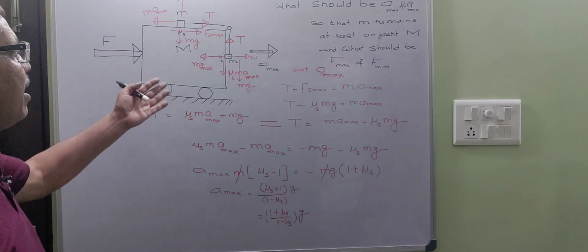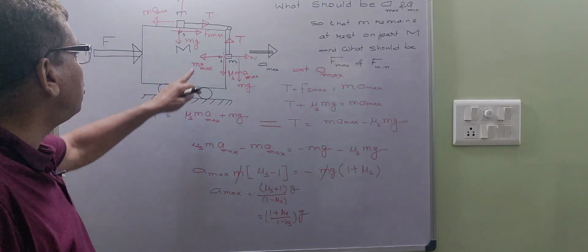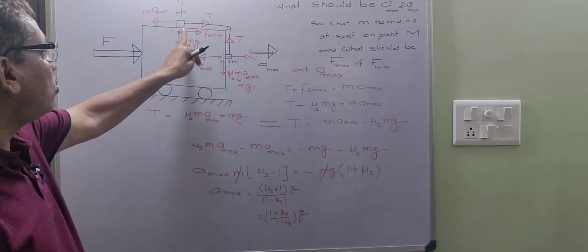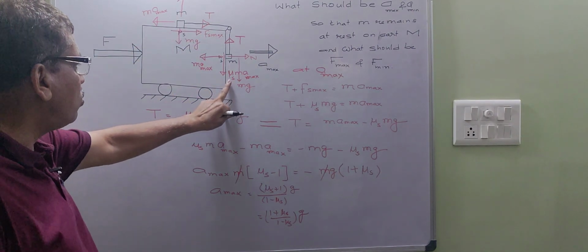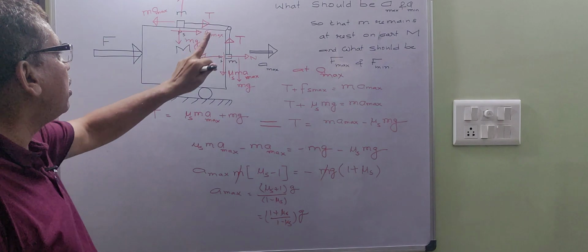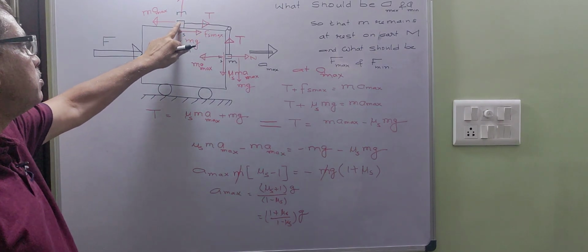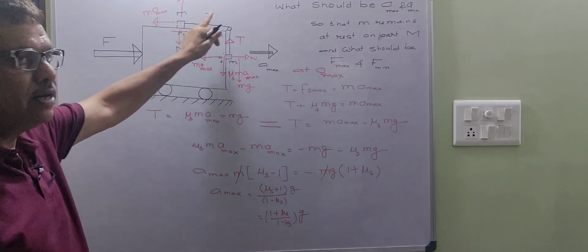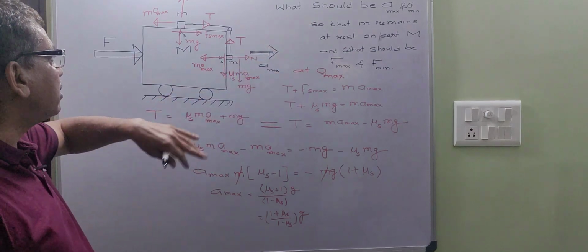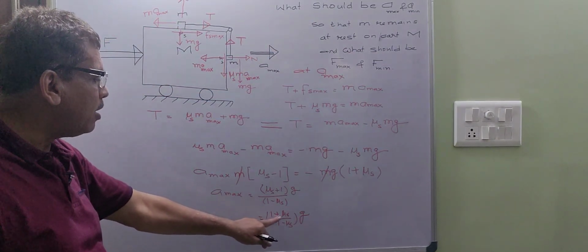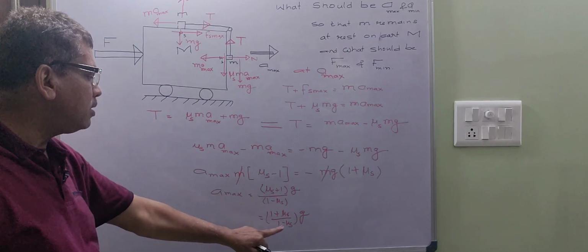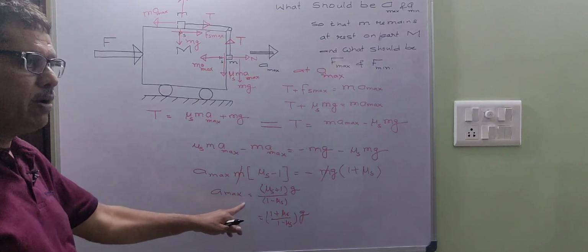Now in the same way, at minimum acceleration you will observe this Fs max is not acting in rightward direction, but it will act in leftward direction. Here also mu s mg will act upward. At minimum acceleration this will be at rest, but it will have tendency to move in rightward direction, so frictional force will act in leftward direction. So just change the sign of mu, plus to minus, minus to plus, and I get the minimum acceleration.